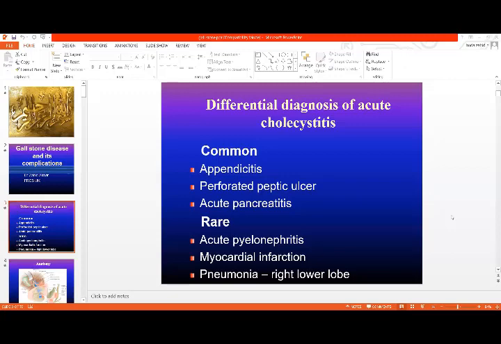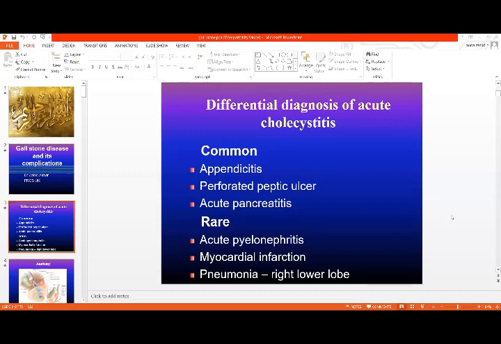Get the ultrasound scan, the ECG, and the cardiac enzymes if you're suspecting a cardiac origin. So make sure that you don't miss out on anything. You should be concentrating on all these aspects when you examine the patient.